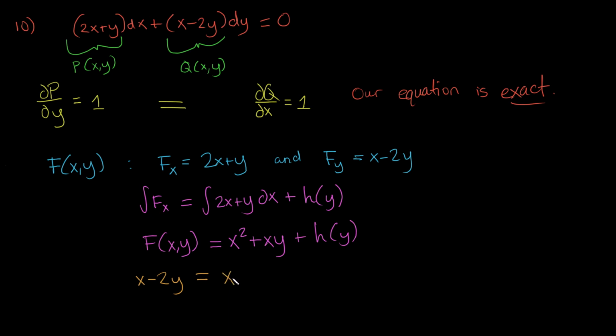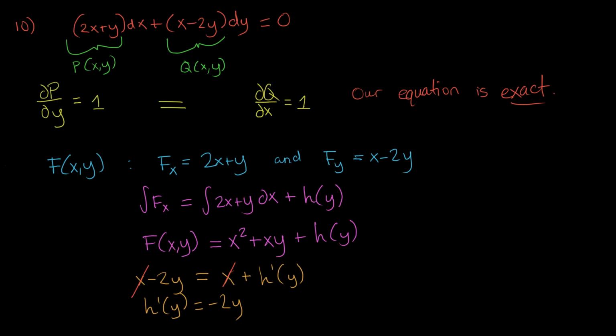So x - 2y equals x plus, now we have our function of integration, not constant of integration, but a function of y, so when we take its derivative with respect to y, we just get h'(y). Now we're getting really close, because we can get rid of these x's, they cancel out, and we're left with h'(y) equals negative 2y.